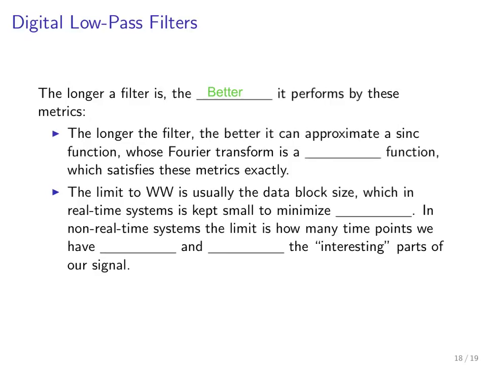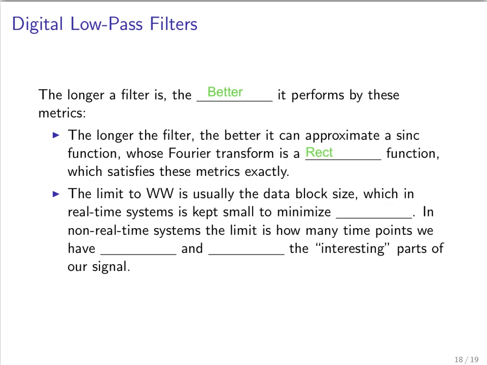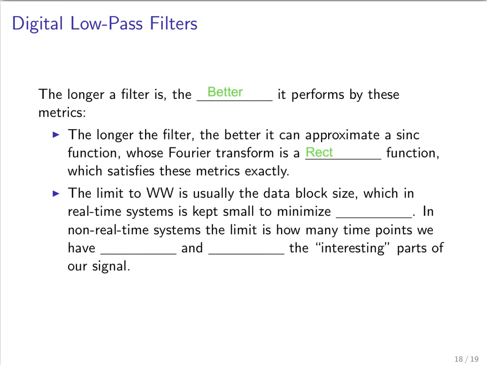Right? So the ideal transfer function would really be a rect function, since a rect function, as a function of frequency, would have zero ripples, and it would have an instantaneously sharp transition band. Okay, so it would satisfy these metrics of trying to reduce ripples and make the transition region as narrow as possible.